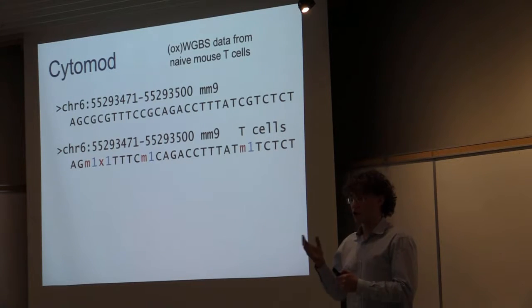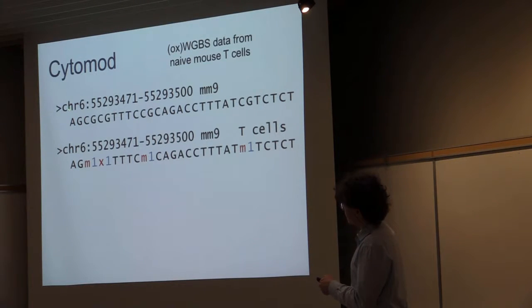So because we have conventional and oxidative bisulfite sequencing data, we can find M's and H's genome-wide. And so at this position, for example, we might know that it's methylated, and so it's an M because it was a C. At this position, we might know that it's methylated on the opposite strand, so it gets a 1. Whereas at this position, we don't actually know if it's methylated or hydroxymethylated, so we assign it an X.